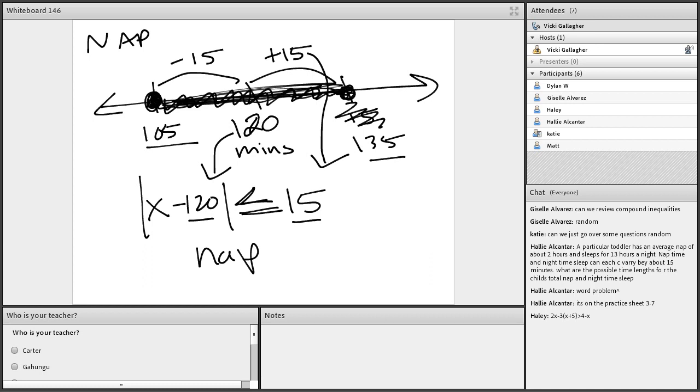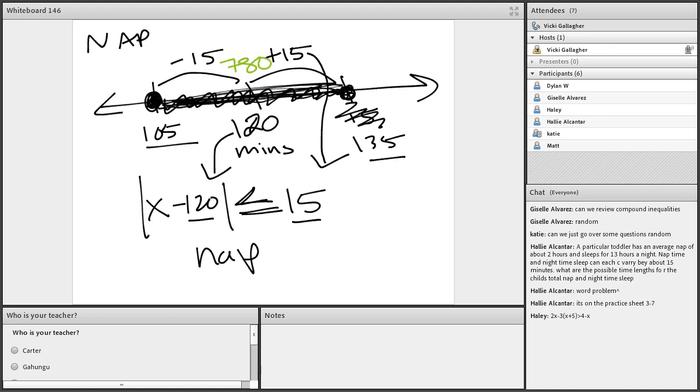If we're going to do the nighttime sleeping separately, I need a calculator. The nighttime sleeping said 13 hours. So 13 hours times 60 minutes each is 780.